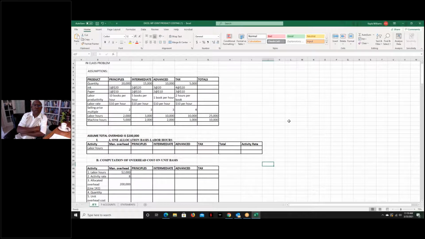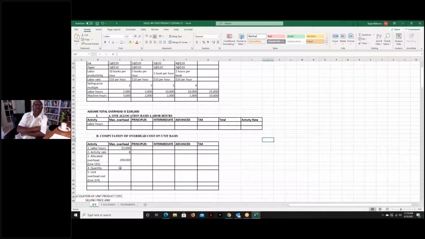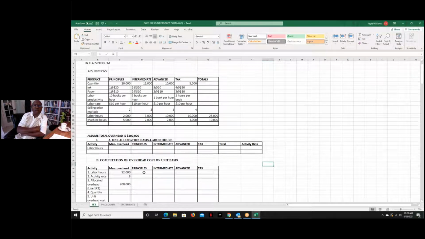The labor hours row in the assumptions. It's on the assumptions. Oh, this one. Okay. I got it. I'll just go ahead and type it in. It's not a big deal. No. You got to go back up one. Oh, this one. Sorry. Yeah, that's where. It starts with manufactured overhead.